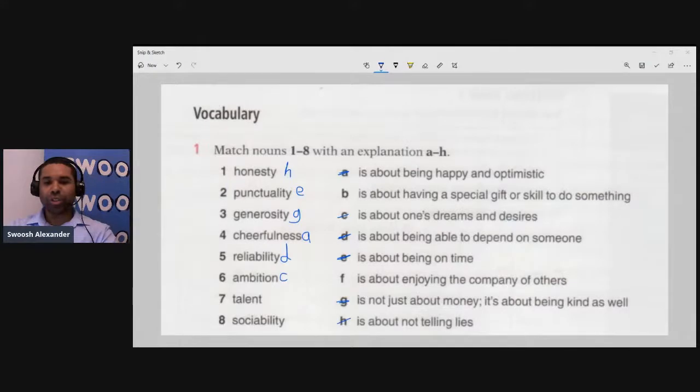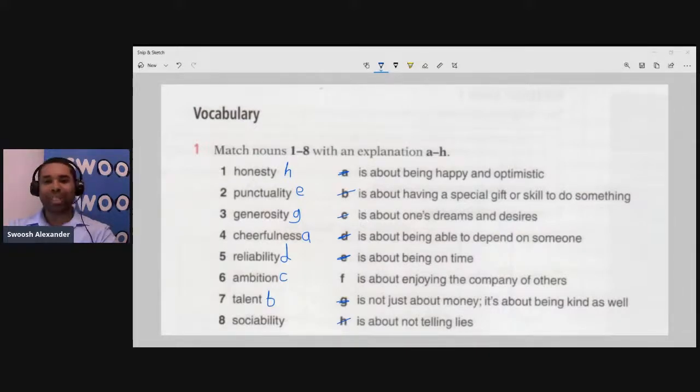Okay, and just 2 more then. So number 7. What would we go for number 7? Talent. So it's got to be B, hasn't it? Yeah, having a special gift or skill to do something is about talent. Good, Hyacinth. You went for F. What is F?